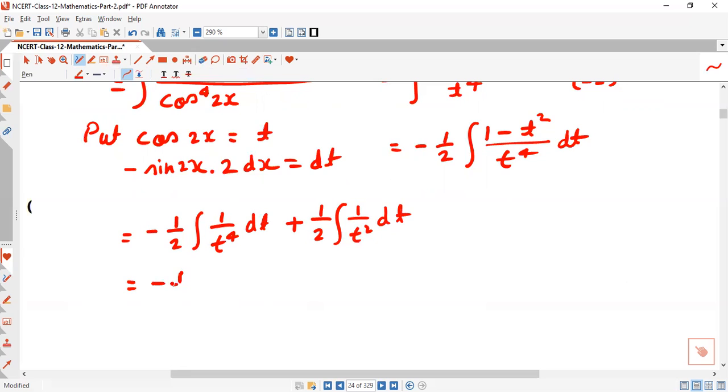So it becomes minus 1 by 2 integral of t raised to minus 4 dt plus half integral of t raised to minus 2 dt.